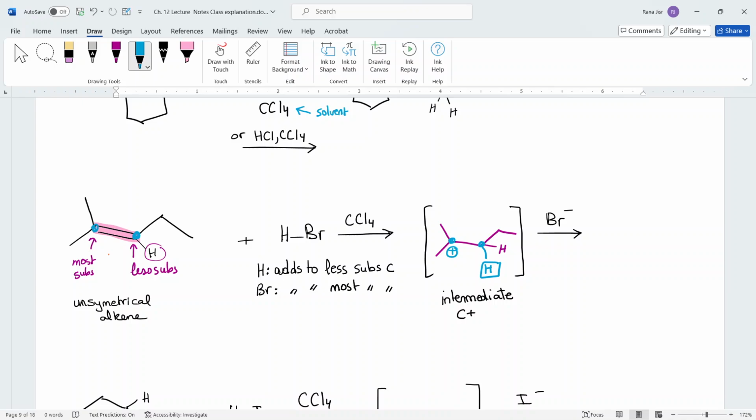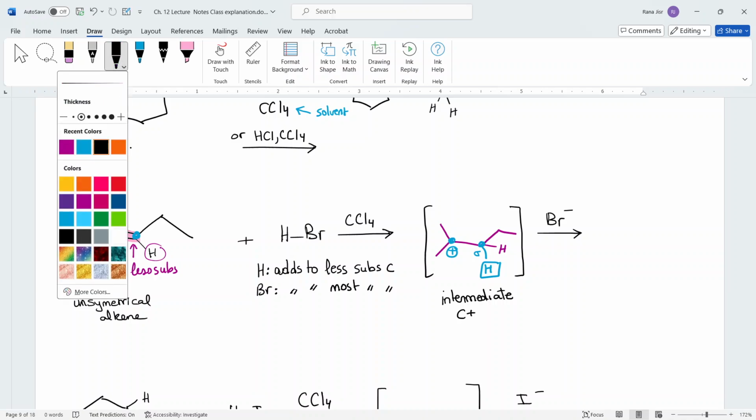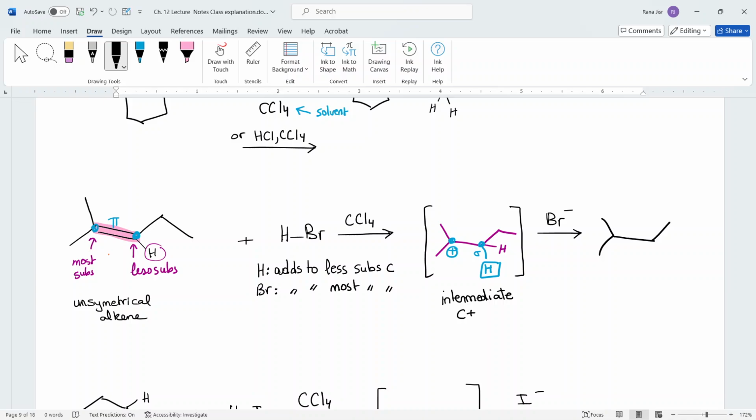In your product you should not see any trace of the double bond, because you are breaking the pi bond and forming two sigma bonds. You formed one here. Now the Br minus is going to come and attack that plus charge, and then your product in this case is going to be, here you go, I'm going to end up adding this hydrogen here and the bromine over there.